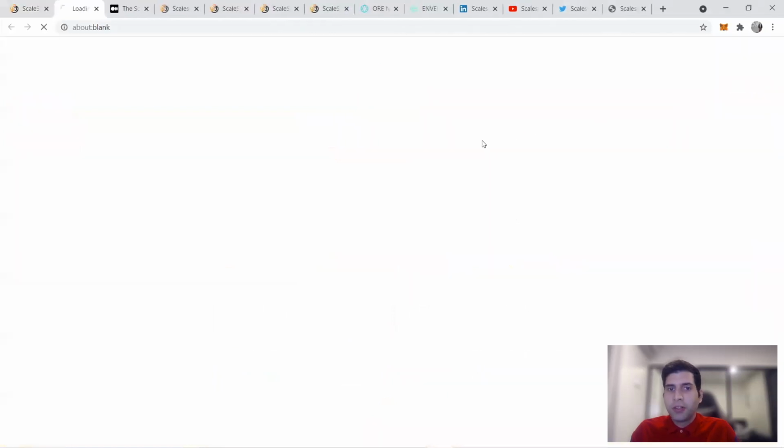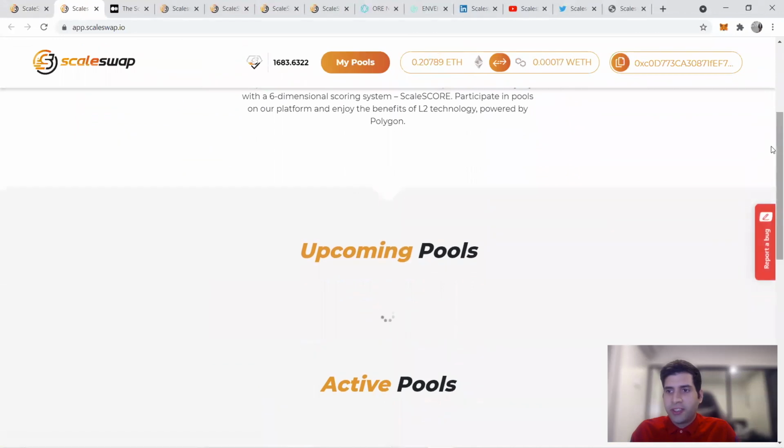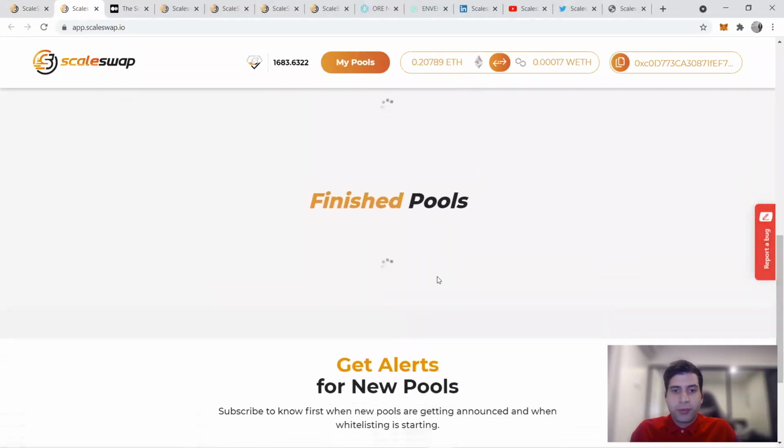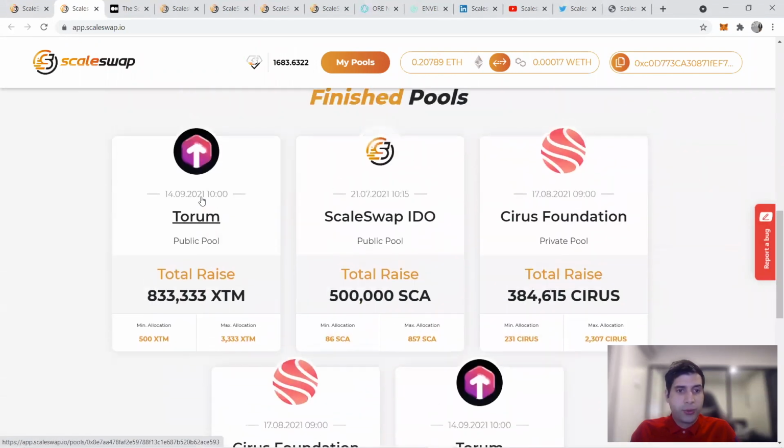If you go to the app, you can see that as well. Let's say they're raising $400 for a project. You raise $400 worth of Ethereum for that project. Let's say Torum was their last launch. You just go and sign, and you receive your token after that and you can claim it. So there is no gas fee involved.